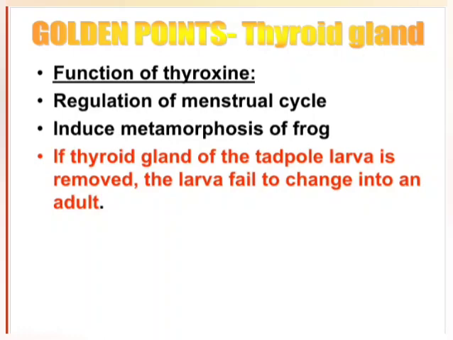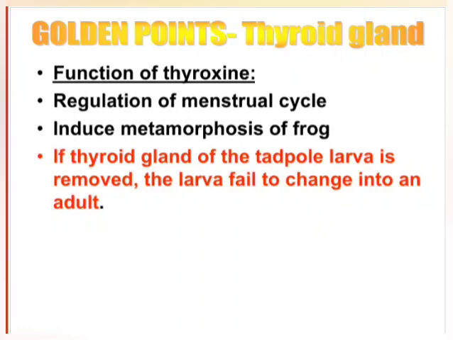And another important function of the thyroxine, in the case of frog, you may know about the metamorphosis. You may have learned it in lower classes. The frog undergoes metamorphosis. Metamorphosis means slowly the young one, the larva, changes into an adult. That process is called metamorphosis. For the metamorphosis of frog, iodine is much more necessary.